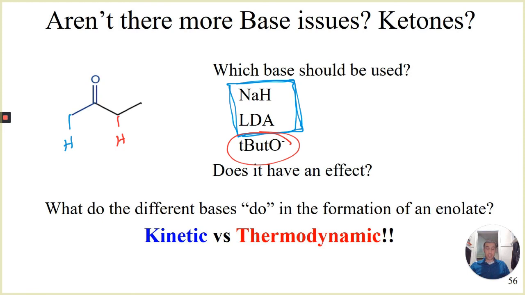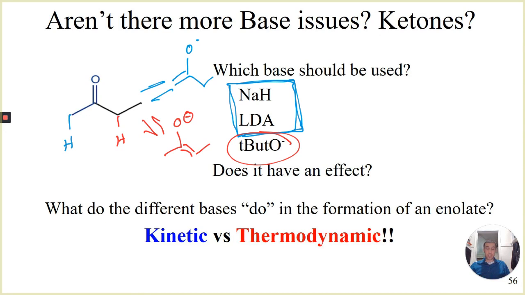But that step becomes reversible with that one because when we remove those hydrogens, we're talking about forming the enolate with the double bond external to the structure, or we're talking about the enolate with the double bond internal to the structure. The difference in energy is that the red one is more stable.